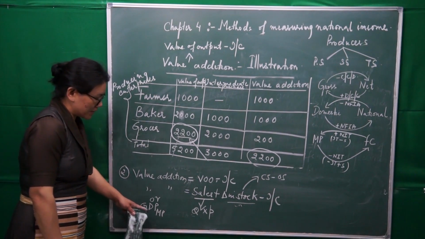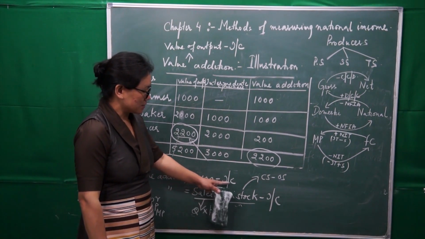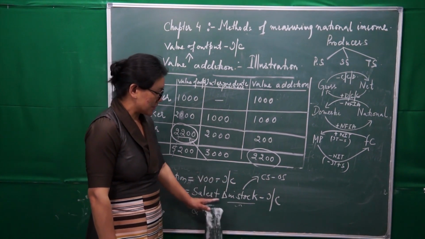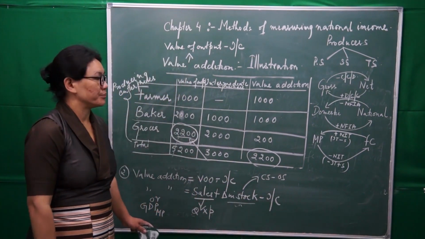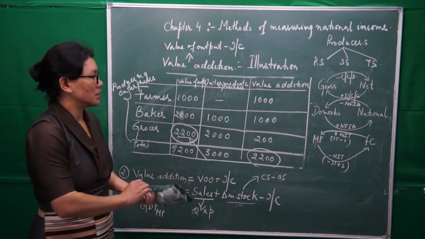So GDP at MP is equal to value of output minus intermediate consumption, or we can say further sales plus change in stock minus intermediate consumption. Clear? Right.